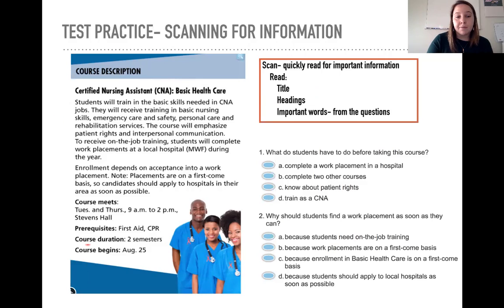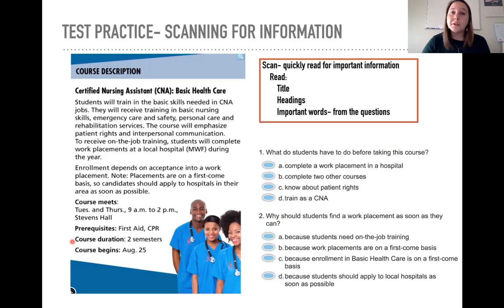Here we have 4 headings. Where it says course meets, it's talking about the schedule. Prerequisites. What does pre mean? Good, it means before. So a prerequisite means these are the classes that you are required to take before this course.